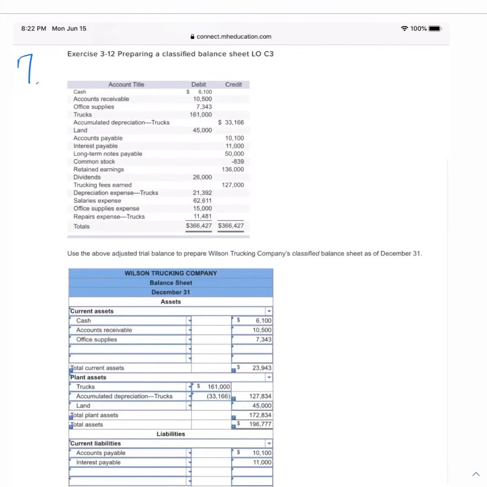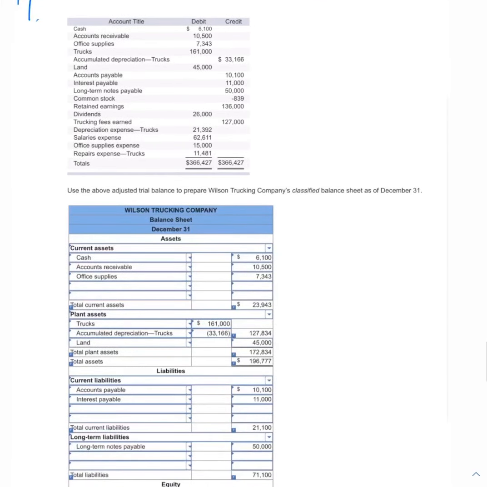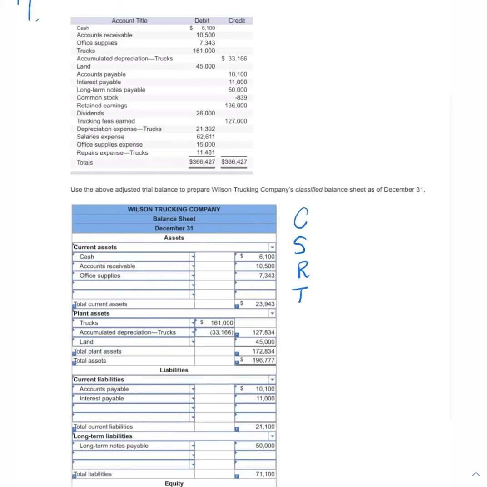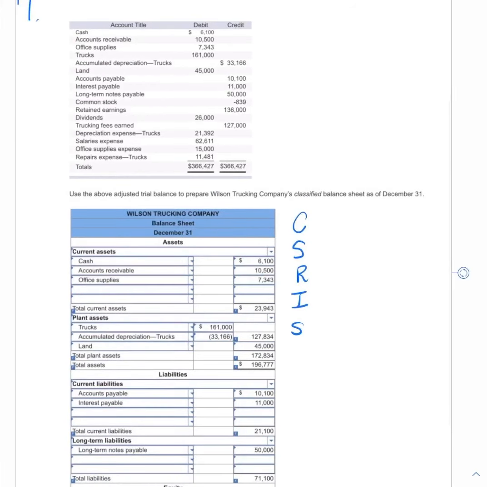Now, technically speaking, there is a certain order these current assets should be listed in. And the way you're going to remember this order is with this acronym. Can she really invent something practical? Now, this is just the acronym I was taught, and I think it's fantastic. It's always helped me.